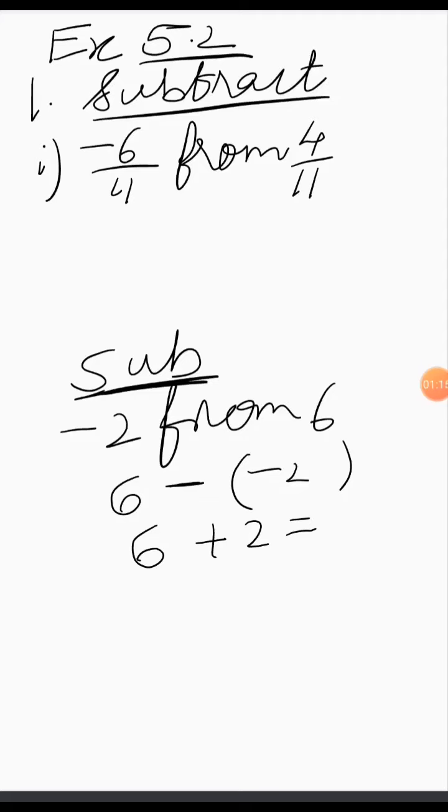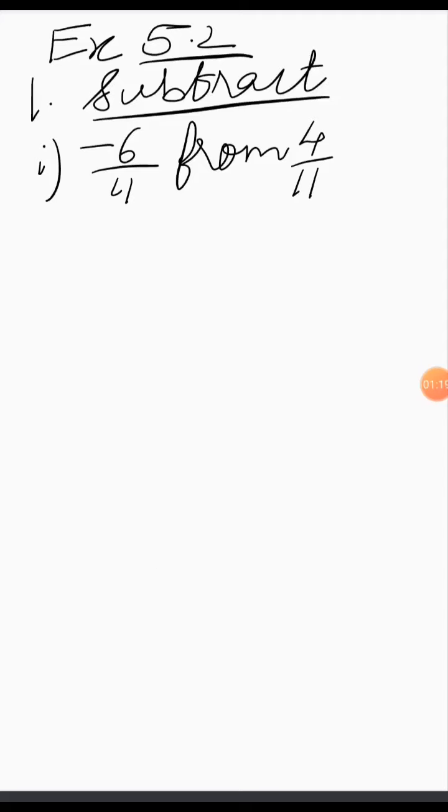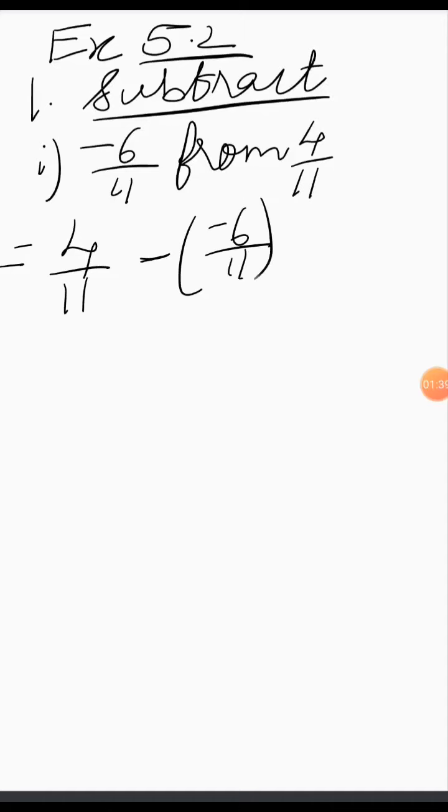Now in the same way, whatever we have done, only the numbers are changing. See, the question is: subtract minus 6 by 11 from 4 by 11. So children, you know what you will write first. You will write 4 by 11. From 4 by 11 you have to subtract, and as it is a negative rational number, take brackets always.